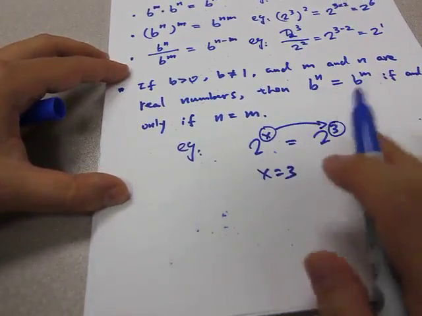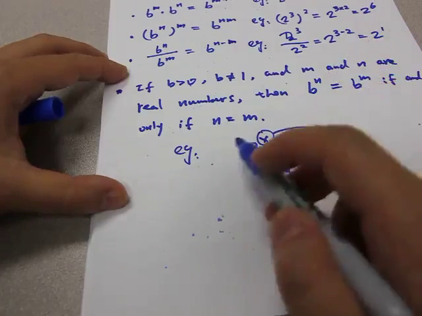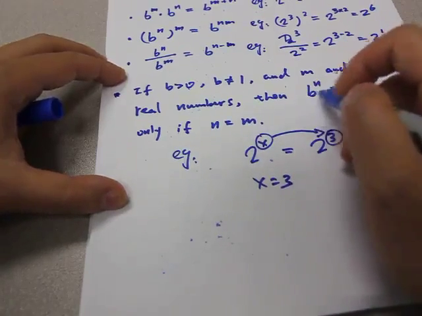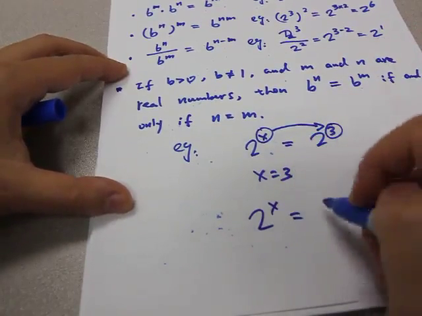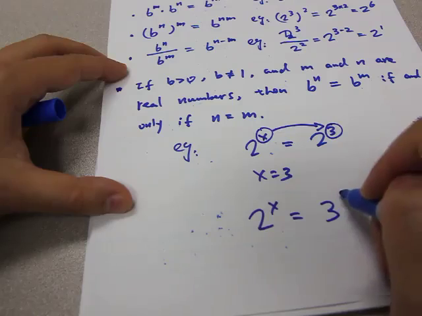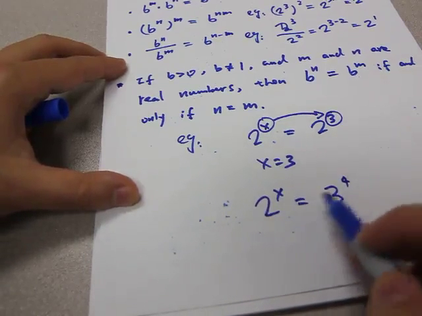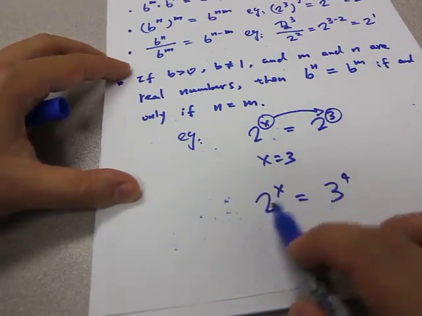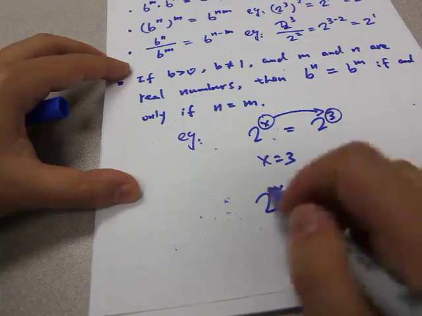Now, please pay attention here. This is true only if the two bases are the same. Now, if we have two different bases, like one is 2, another one is 3, in this case, this doesn't give us the result x equals 4.